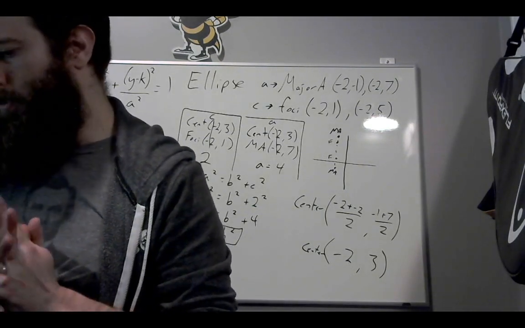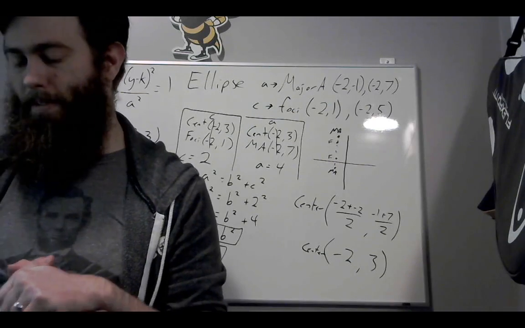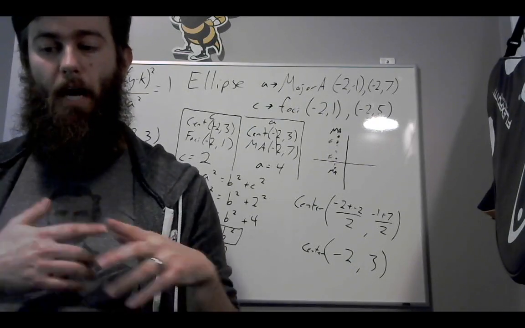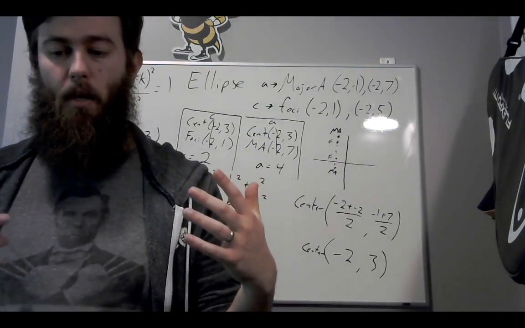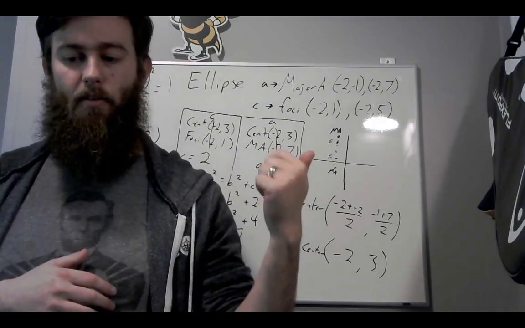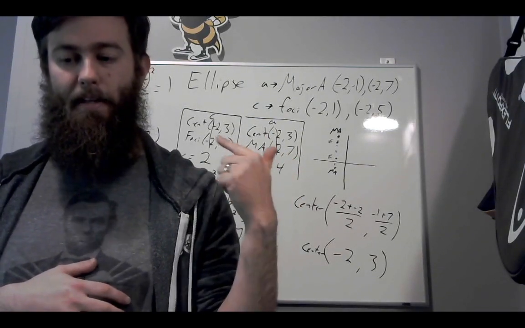So let's look at this next example. We're going to be going backwards this time. We are given the information and we want to find the center, the different vertices, and the foci.